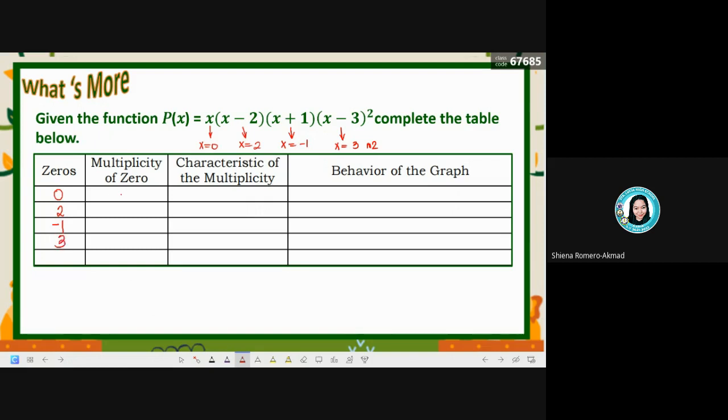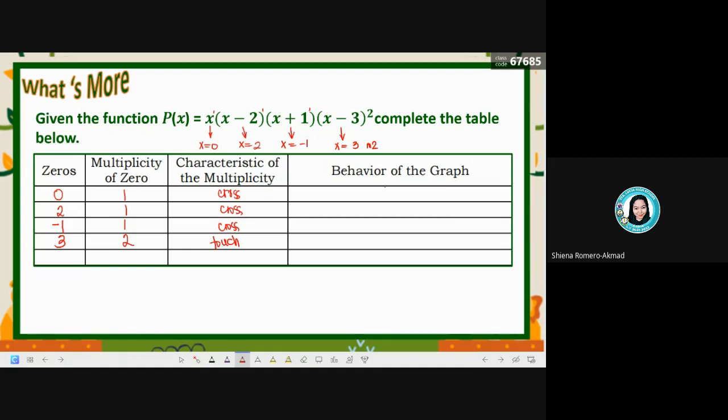Then yung multiplicity, 1, 1, 1, kasi isa lang yung exponent nila eh. Right? So, yun yung multiplicity. Then si 3, 2. So, yung characteristic ng multiplicity, mangyayari dito, it will cross, cross, cross, and ito, touch.